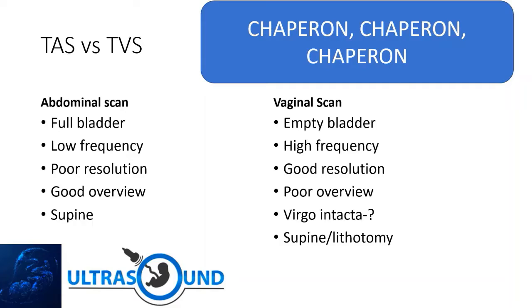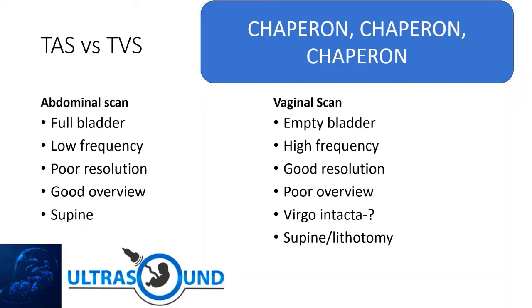The probe has a lower frequency, which gives you a poorer resolution, but you have a very good overview, and the patient is in a supine position. Whereas in a vaginal scan, you need to empty the bladder. The probe is usually a high frequency probe, and you get a better resolution, but you cannot see the overall picture. What does that mean? If you have a patient with a 20-week size mass and you do a TVS, you will not be able to see up to the fundus.